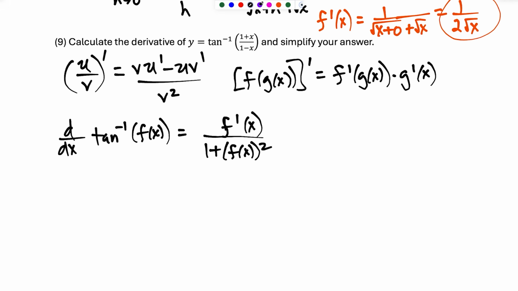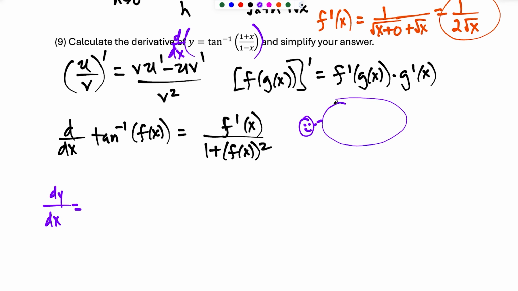So let's go ahead and find this derivative now. When we derive both sides, the left and right side, we're going to have dy dx equals, and in this case, in terms of this formula, I'm thinking that f of x, my inside function, is 1 plus x over 1 minus x.